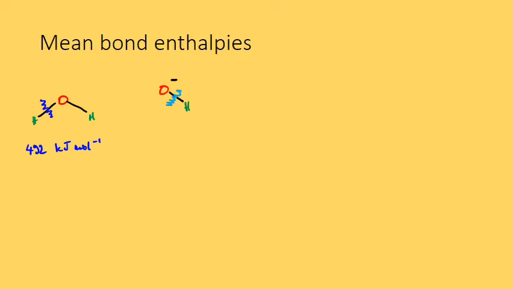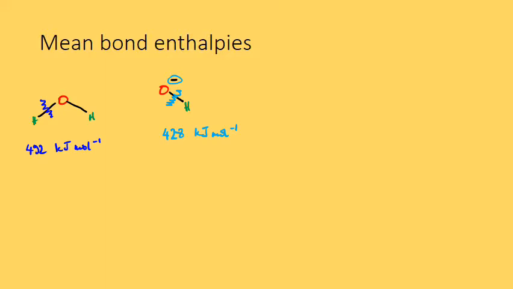Okay, so if we wanted to break that, it would take us a different amount of energy. So that would take us 428, slightly less energy, to break that bond. And the reason why it's different is because of this negative charge here.